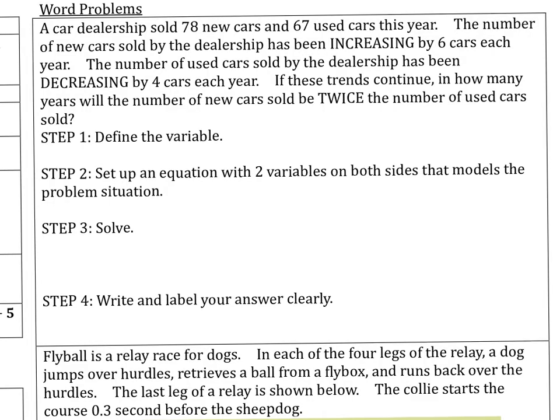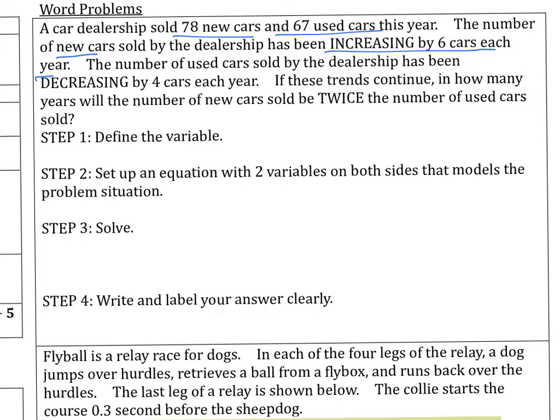Word problems. For these word problems, you need to think about how to set up an equation with variables on both sides. A car dealership sold 78 new cars and 67 used cars this year. The number of new cars sold has been increasing by 6 cars each year.